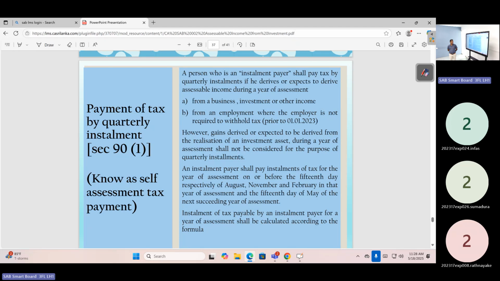However, gains derived or expected to be derived from the realization of an investment asset during a year of assessment shall not be considered for the purpose of quarterly installment. That has direct connection with the investment income.